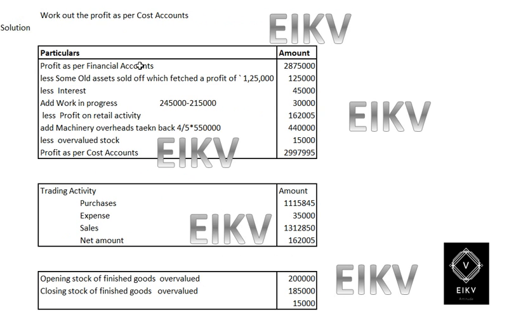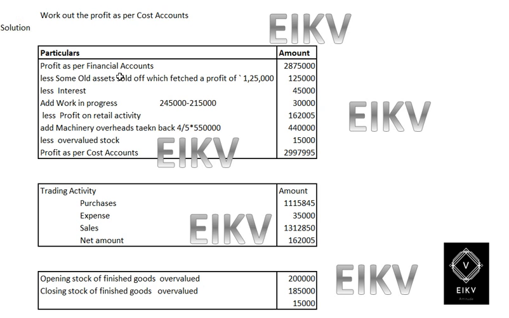So first of all I have taken the profit as per financial statement, which is given directly in the question as 28,75,000. After that we need to deduct some of the incomes which are reflected in the profit and loss account or financial statement, but which will not form part of cost records or cost accounts.